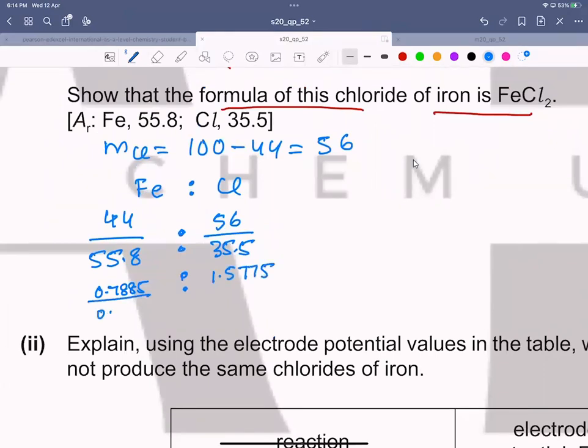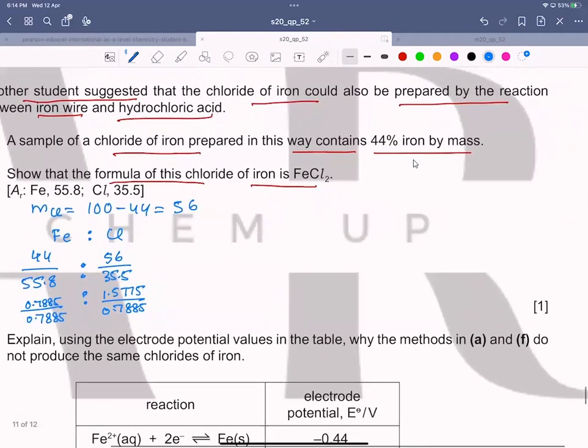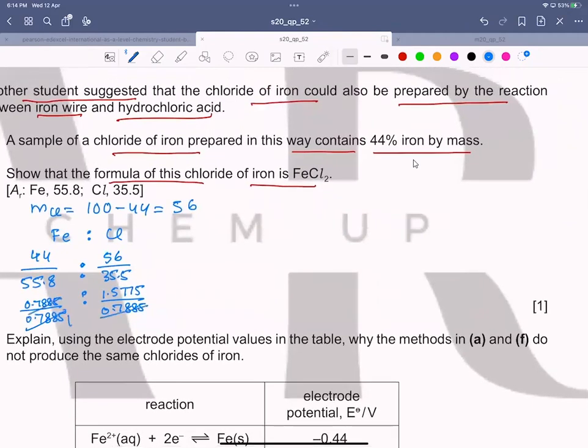So this one, 0.7885, is the smallest, so divide with this. It gives 1, and the other gives 2. So the ratio is 1 to 2, so it is FeCl2. Is this clear to everyone?